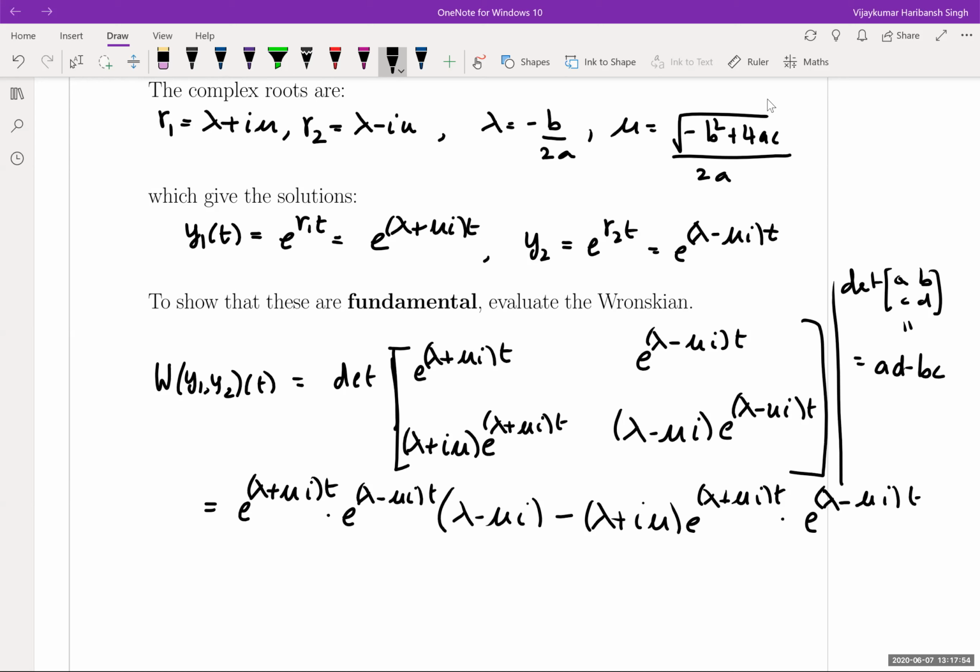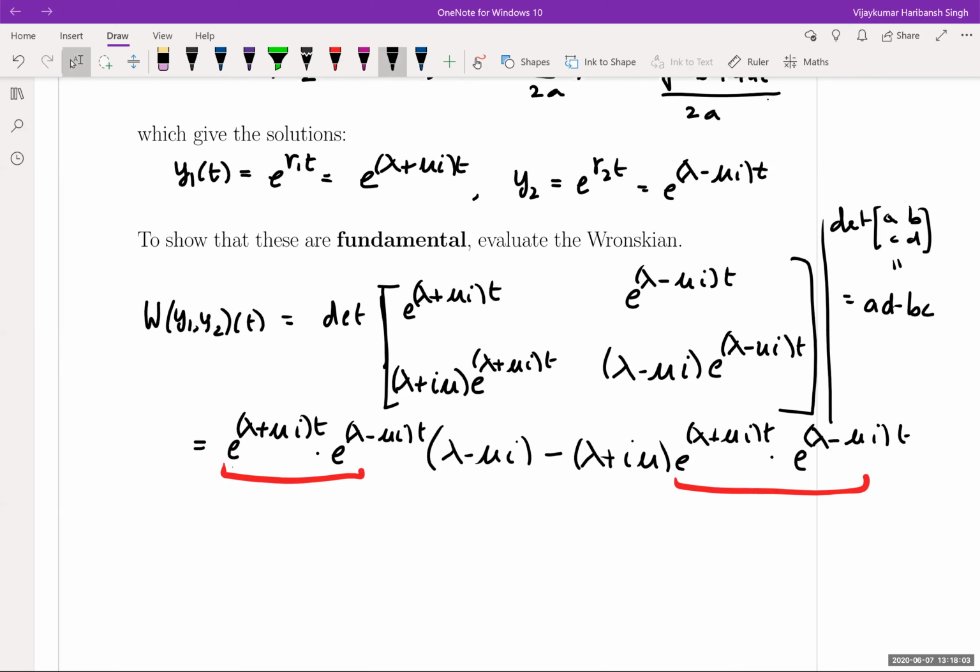Okay, so now we can take these two terms as common. We get e to the power lambda plus mu i t times e to the power lambda minus mu i t, and in the bracket you'll be left with lambda minus mu i minus lambda minus mu i.